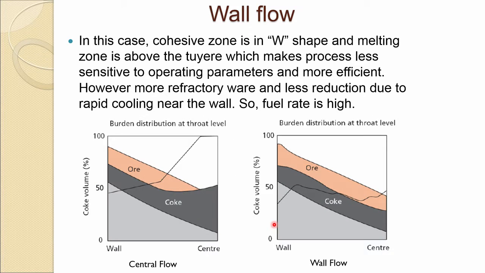Another, in the wall flow, what happens in this case, the cohesive zone is in W shape and the melting zone is above the tuyere, which makes the process less sensitive to operating parameters and more efficient. However, there is more refractory wear, and less reduction due to rapid cooling near the wall. So, fuel rate is high.